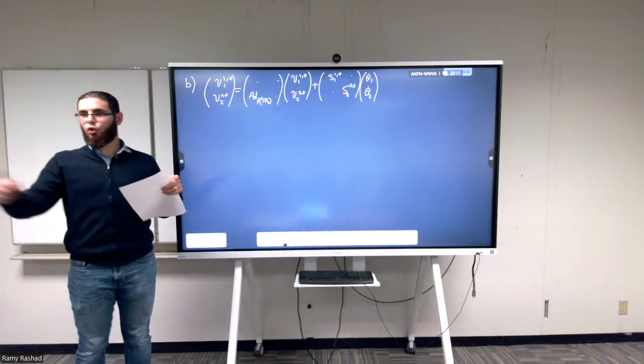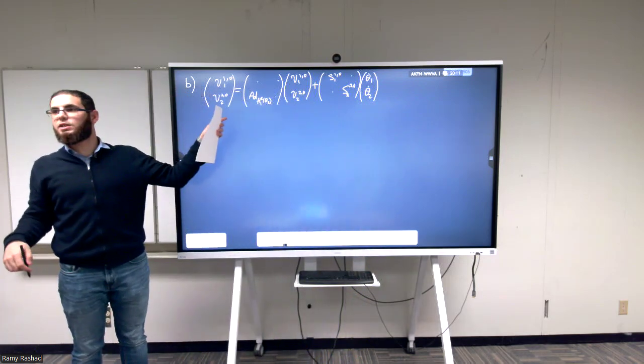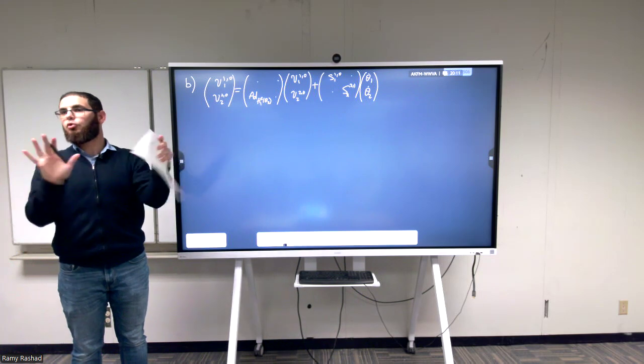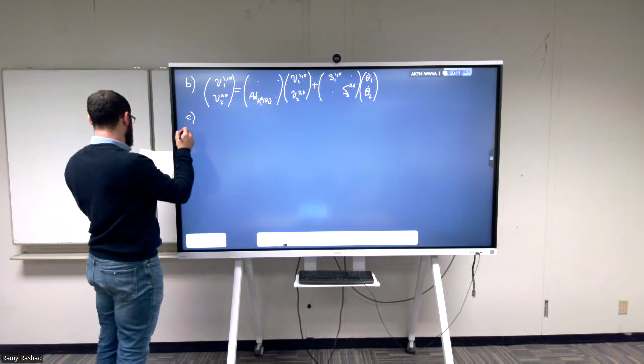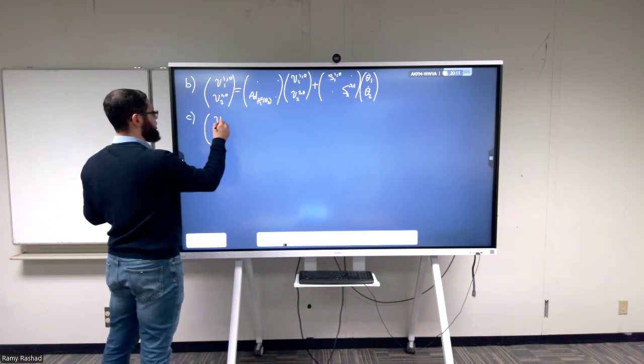So the first, if you wrote down the equations, these are the first two equations, okay? Just written in compact form. So nothing new again. C equations were in terms of V dot.